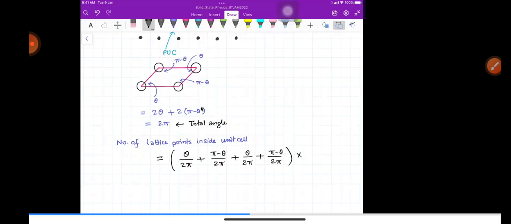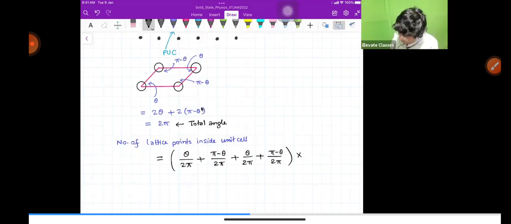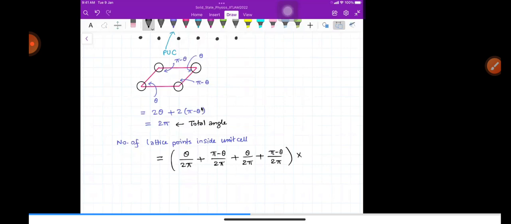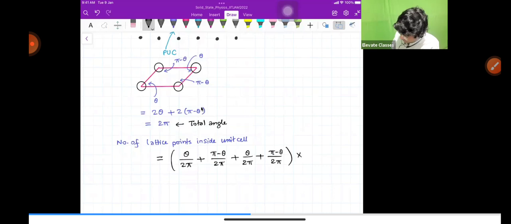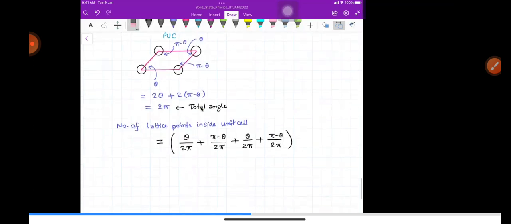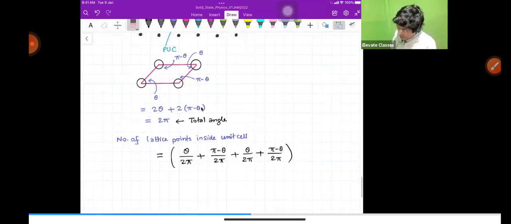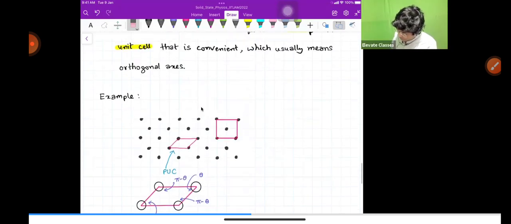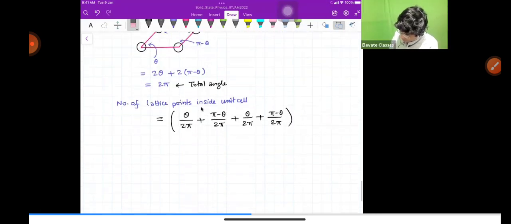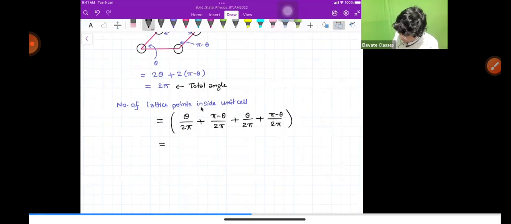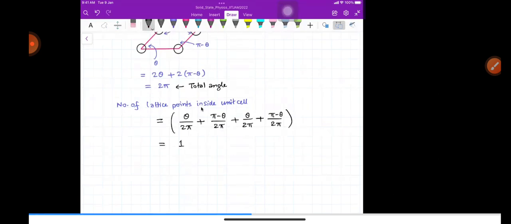Either we could have taken the total angle and divided by a single lattice angle, so we could have gotten 1. What we are doing here is just adding them up. We don't need to multiply; if the angle was the same, we would have had to multiply by 4. So this is the total fractional contribution, and this is the one lattice point.